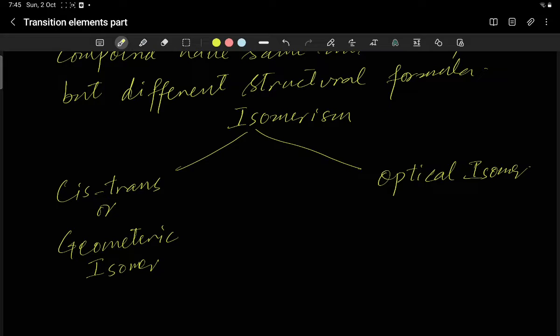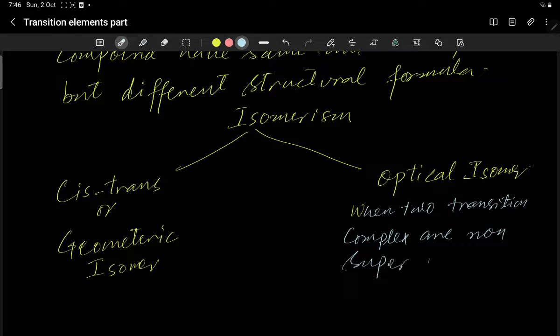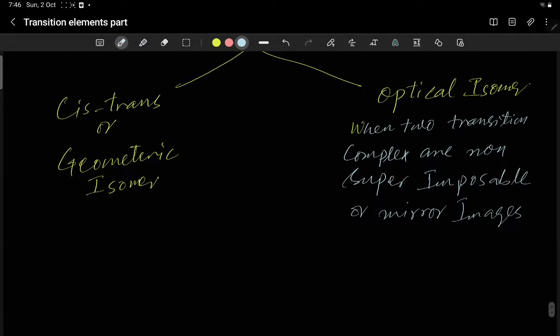So in complex molecules, two transition complexes are optical isomers when they are non-superimposable mirror images of each other.